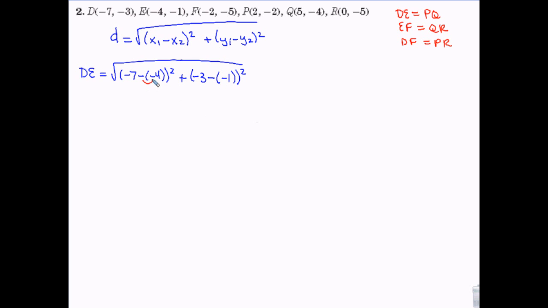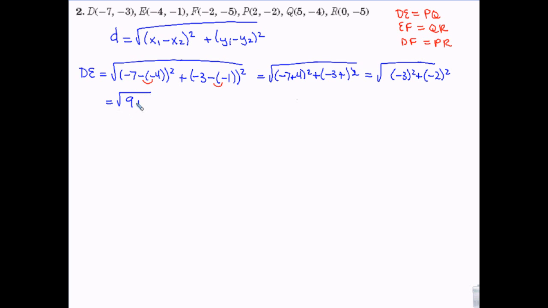Minus a negative is a positive, it's happy. So I have -7 plus 4 and -3 plus 1. So that's -3 squared plus -2 squared. So that's 9 plus 4, so that's the square root of 13.